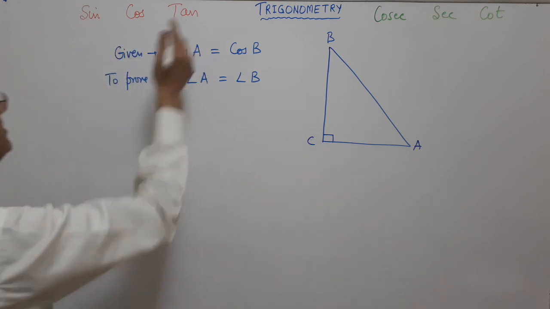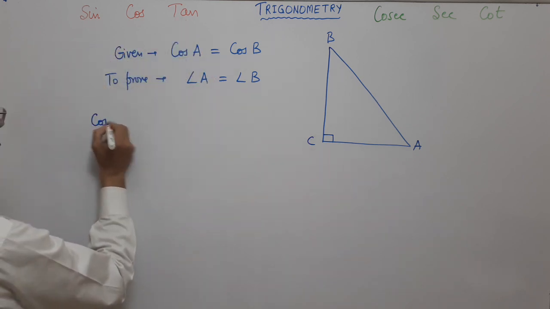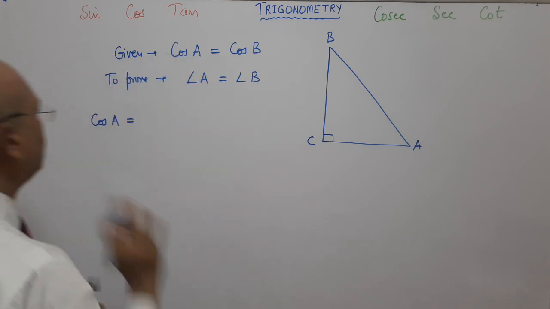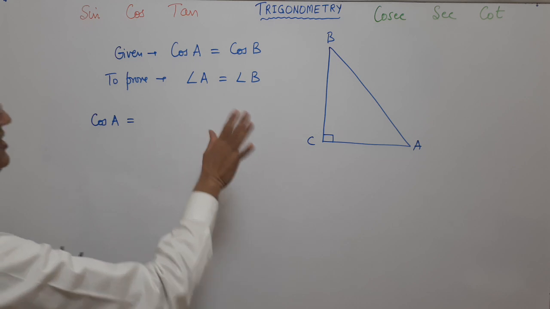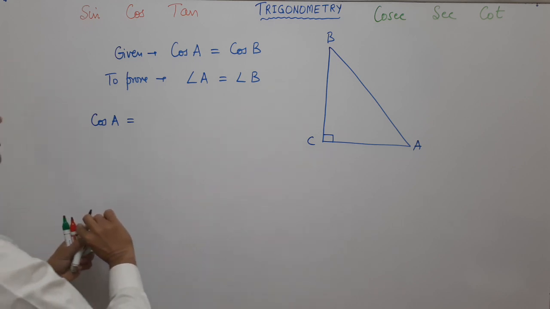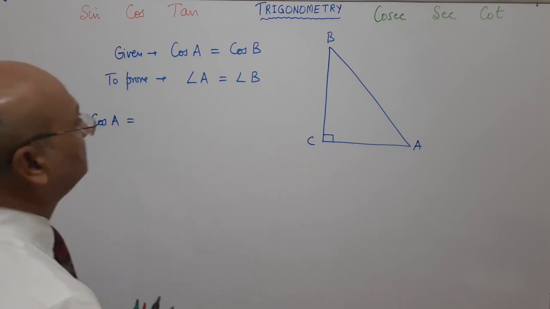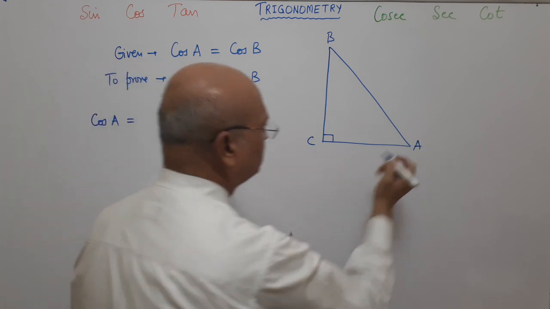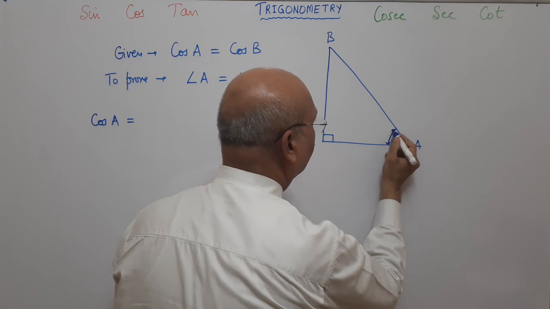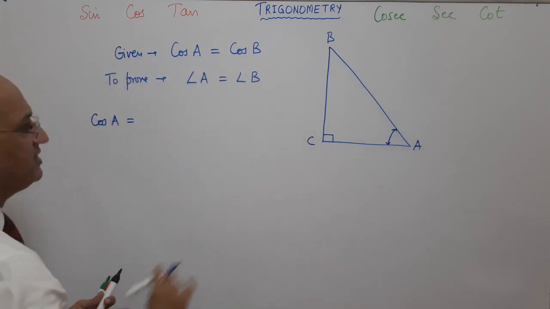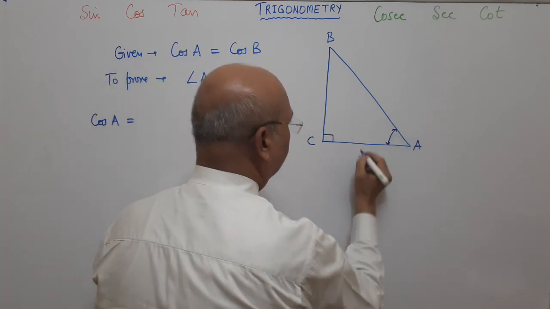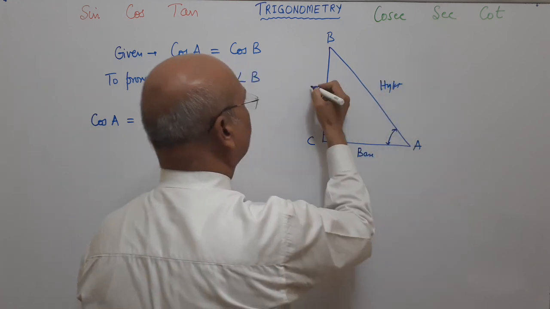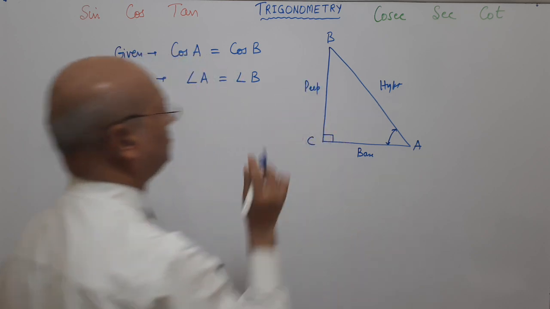Now first let's take cos A. We have to find the value of cos A. We are associating this angle with A. So for cos A, base will be this and hypotenuse will be this and perpendicular will be this.